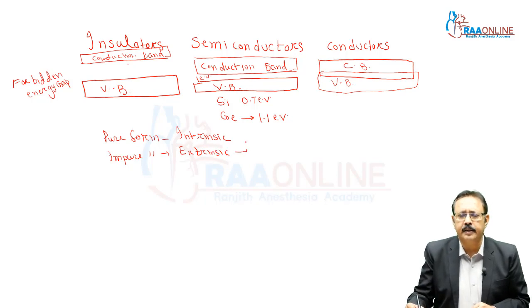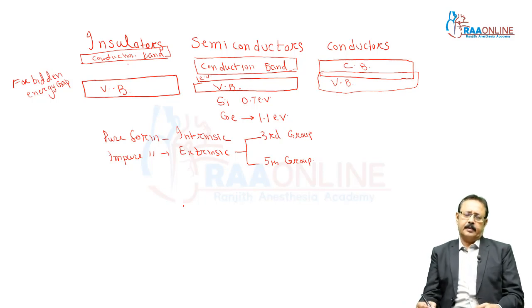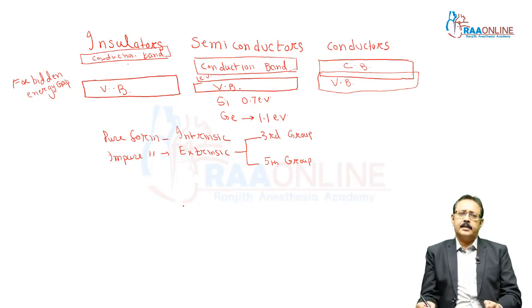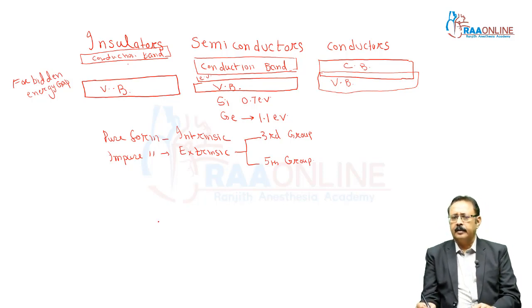In impurities, you can add third group impurities or fifth group impurities. If you are adding third group impurities, what will happen? Third group elements have 3 electrons in their outermost shell, but this semiconductor needs 4 electrons.